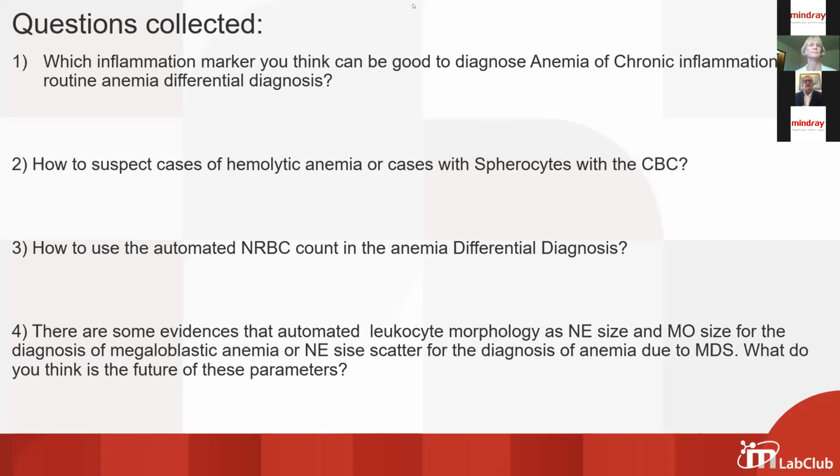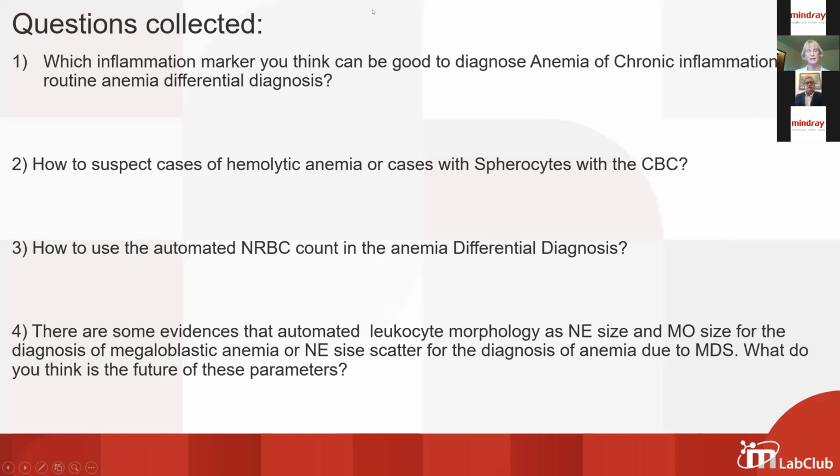The first one is, which inflammation marker do you think can be good to diagnose anemia of chronic inflammation in the routine anemia differential diagnosis? Oh, that can be a challenging one. Anemia of chronic inflammation often is a diagnosis of exclusion. One of the classic examples in trying to evaluate for that versus iron deficiency is patients that are on dialysis.